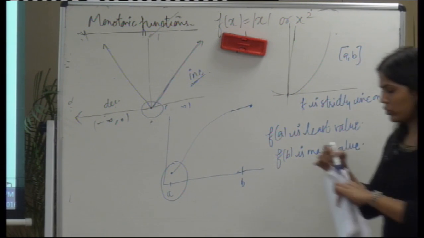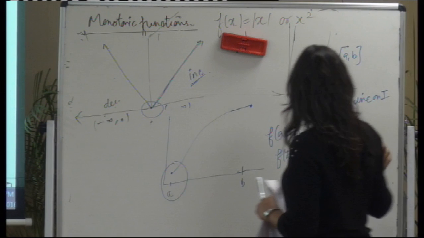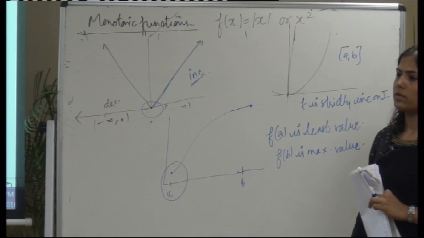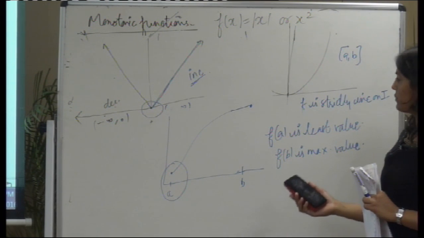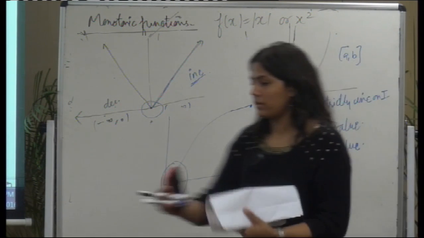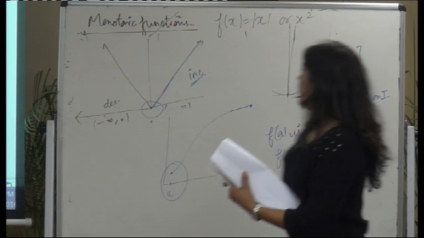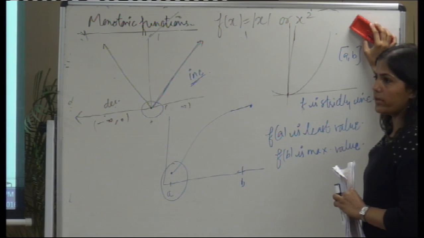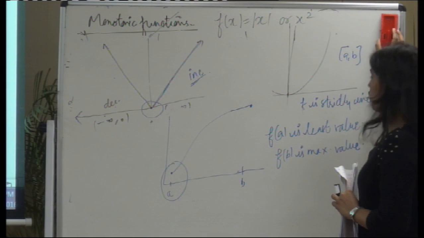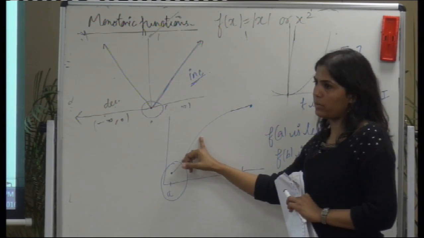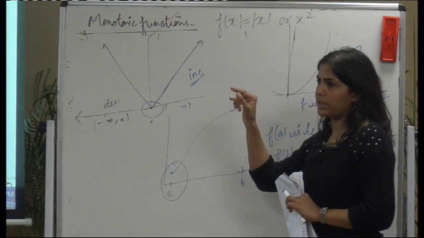Now let me move to the theoretical definition: how we find out the behavior of any function using that definition. Maxima and minima you have done in school. So there you have used, I think, a different definition. You find critical points and then you use the double derivative method and first derivative method.